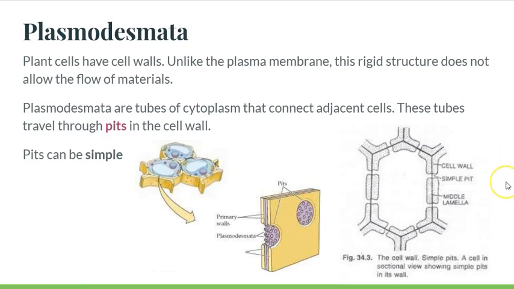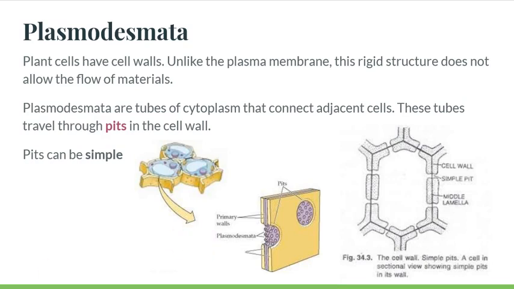So plant cells have cell walls. Unlike the plasma membrane, this rigid structure does not allow the flow of materials. Plasmodesmata are tubes of cytoplasm that connect adjacent cells. These tubes travel through pits in the cell wall, and these pits can be simple, just a tunnel with the same diameter all the way around.